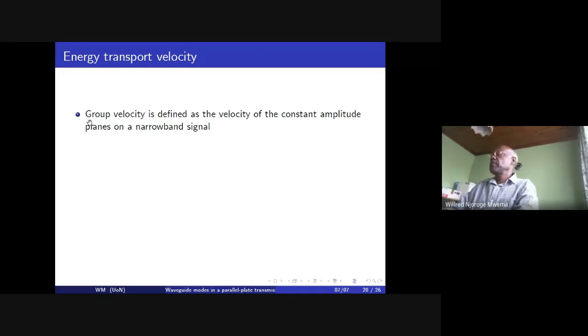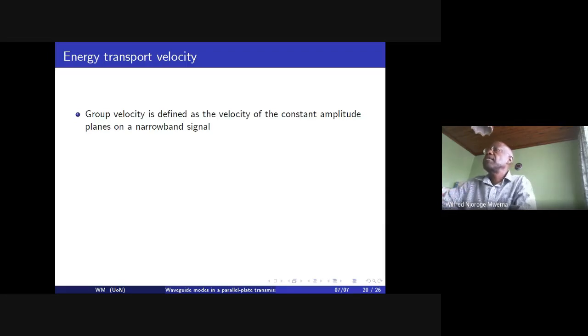Now, we talked about group velocity, and we also said that whenever the structure is inherently dispersive, we cannot talk of a phase velocity there. That is, the different components in the signal will be traveling at different phase velocities. Therefore, we need to define something we call the energy transport velocity in our waveguiding structure.